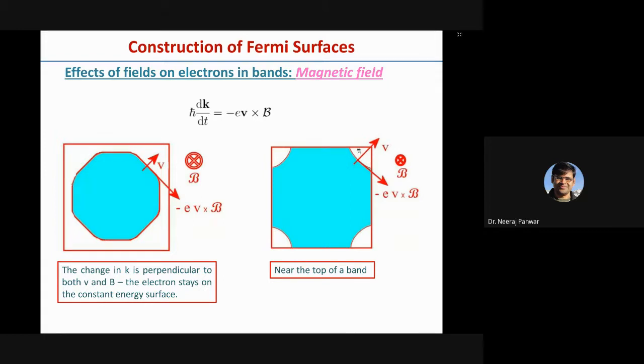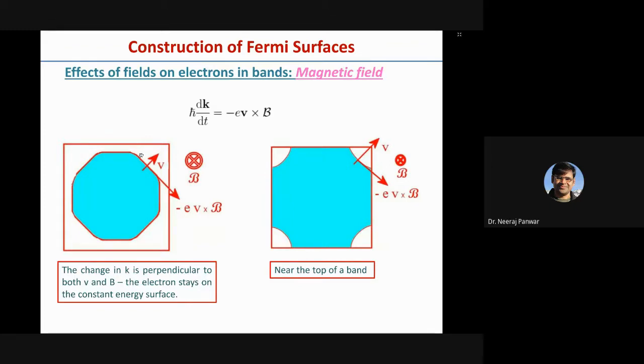Or in other words, the electron here behaves as if it is endowed with a positive charge. So please remember that at the top of a band, or a band that is partially filled, the electron in the topmost levels will behave as if it is having a positive charge.